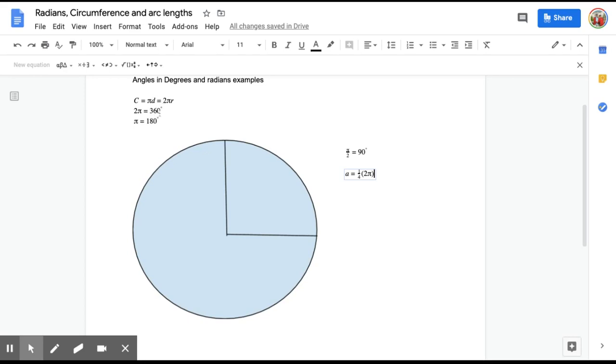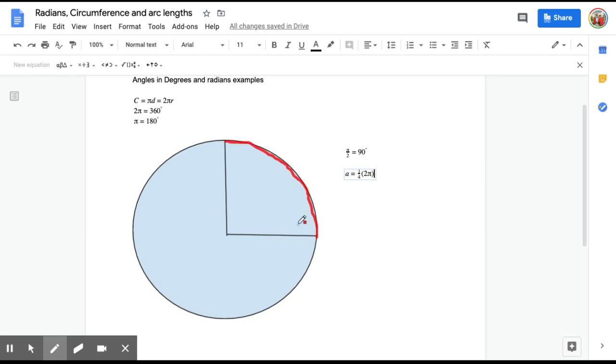If we continue along with the same concept, if the full 360 degrees is 2 pi and 180 degrees is pi radians, then we could say an angle of 90 degrees is the same as pi over 2 radians. Then we introduce this new concept of an arc length. If I sweep out an angle of 90 degrees, then on the outer part of my circle I have an arc length that's formed.